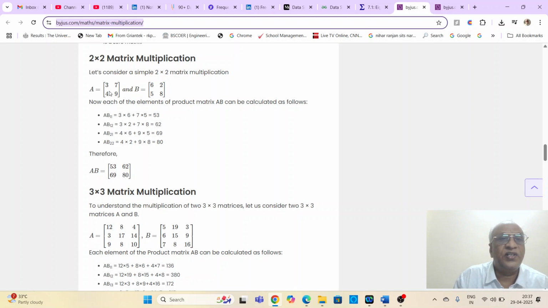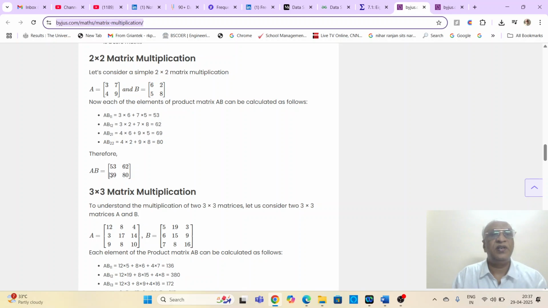Then 3 into 2 plus 7 into 8 is 62, AB12. Then 4 into 6 plus 9 into 5 is 69, which is AB21. Then 4 into 2 plus 9 into 8 is 80, which is AB22.